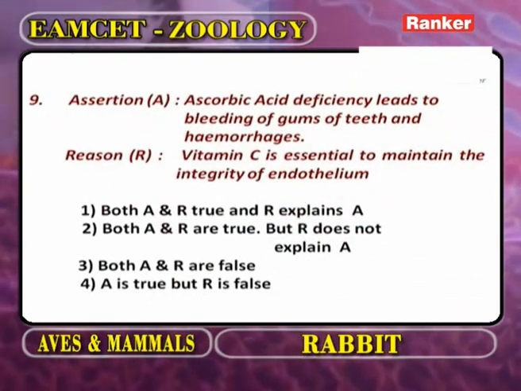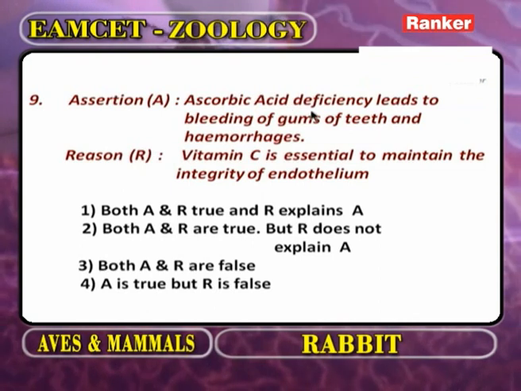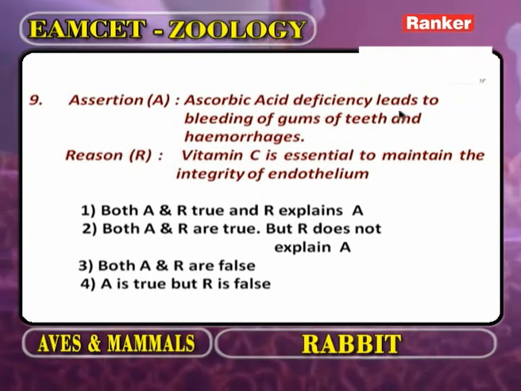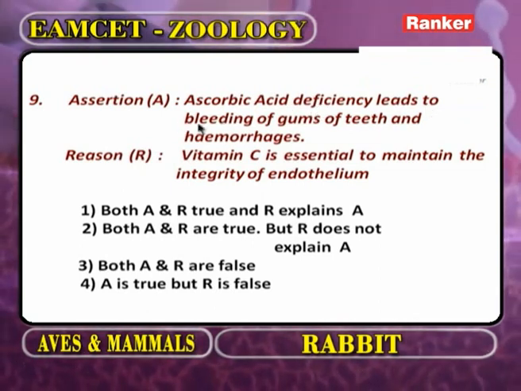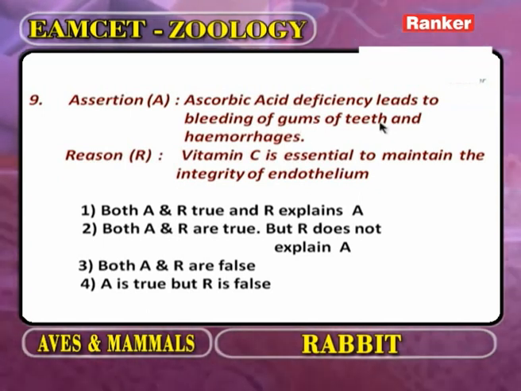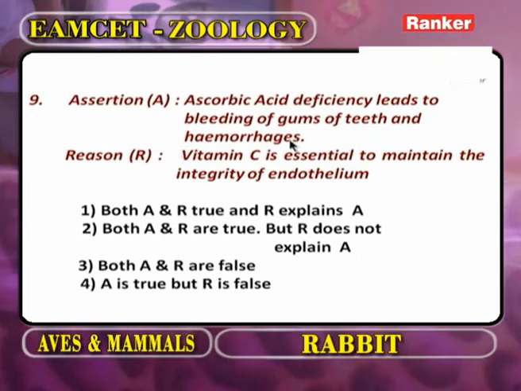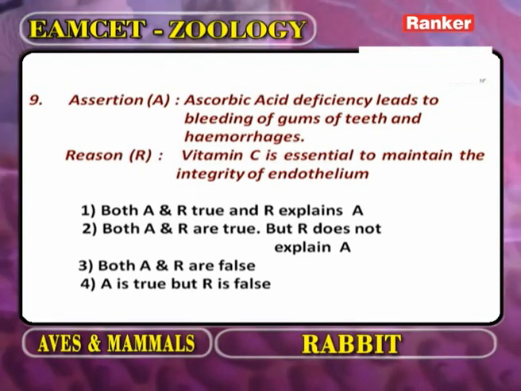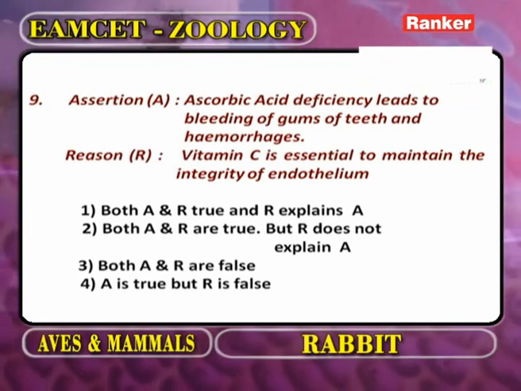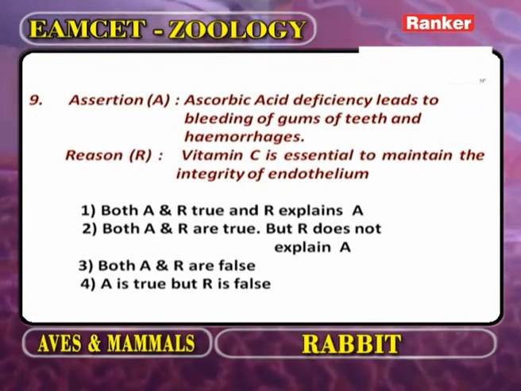Assertion: ascorbic acid deficiency leads to bleeding of gums, of teeth and hemorrhages. Now, as we observe, vitamins are broadly classified into two categories.